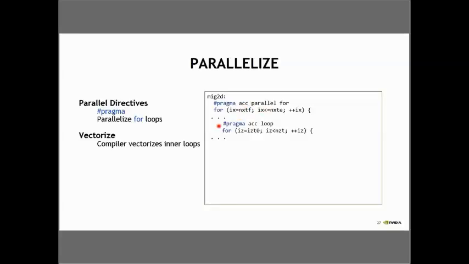We also instructed the compiler to vectorize the inner loops by inserting pragma ACC loop on the inner loop of the routine for MIG2D. Now, there's an iterative process here where the compiler can actually tell you also if this is a candidate for parallelization, and there may be some other things that prevent parallelization. But in our case, that worked fine for MIG2D.